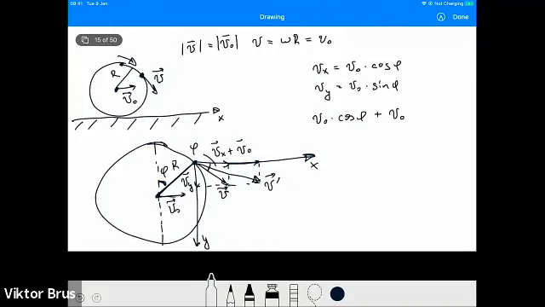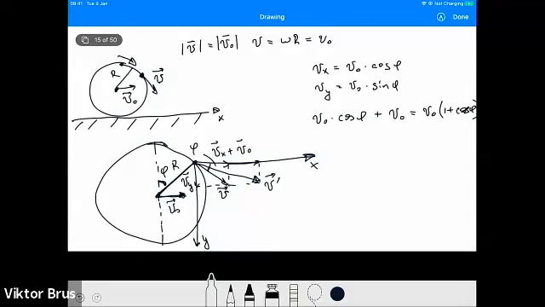This is our V naught, the motion of the wheel along axis x. And this is equal to V naught times (1 plus cosine phi).